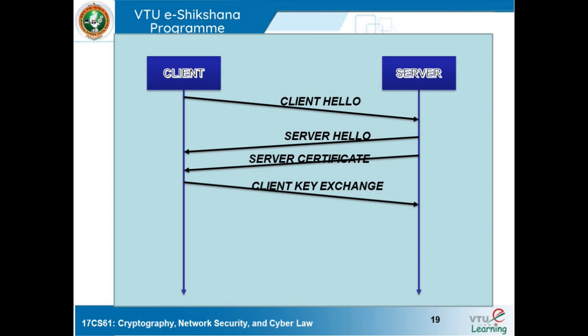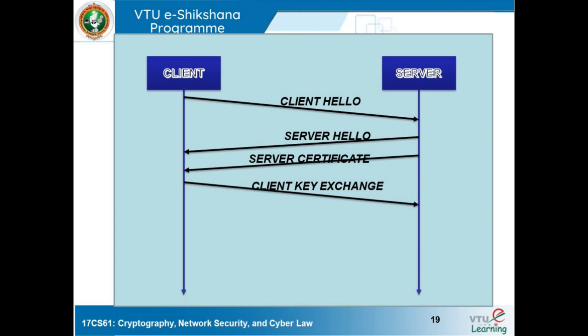And the last set of 2 derived secrets include secrets for computing keyed hash on the messages, which are sent from the client to the server, which we call the client MAC secret, and also from server to the client, which is called the server MAC secret.